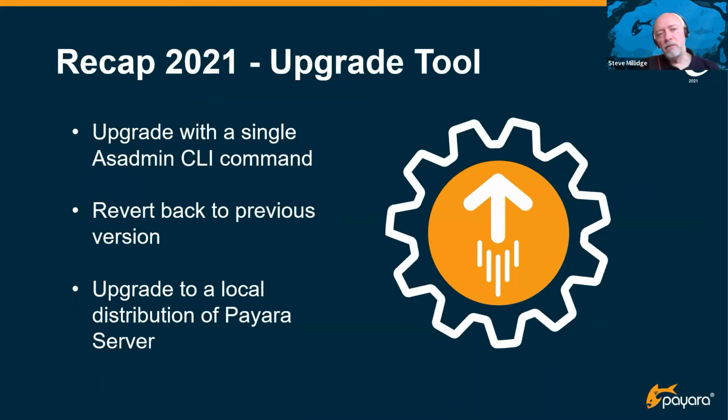So this is, again, part of our goal, really, to simplify the Payara experience and to make it much better for operators as well as developers. And again, the reason I'm pulling this out is it's part of the way we're heading in 2022, and part of the vision that we have of how to evolve Payara over the next year or so.